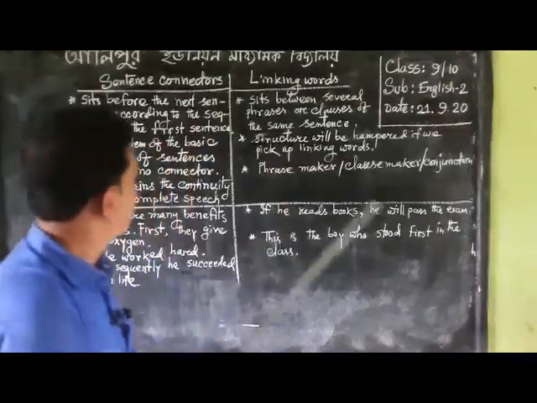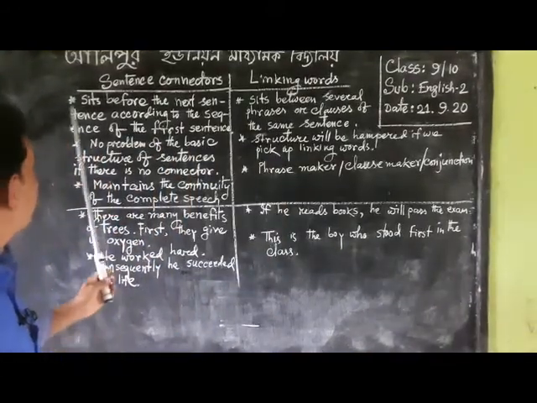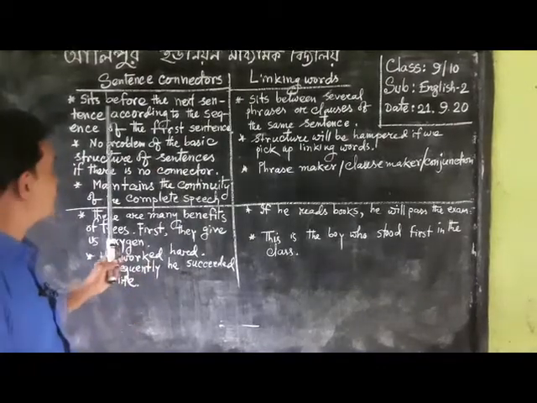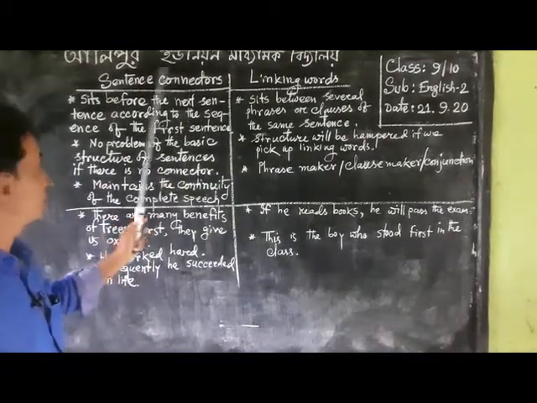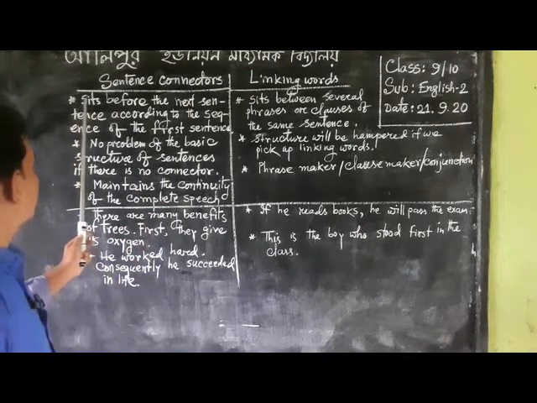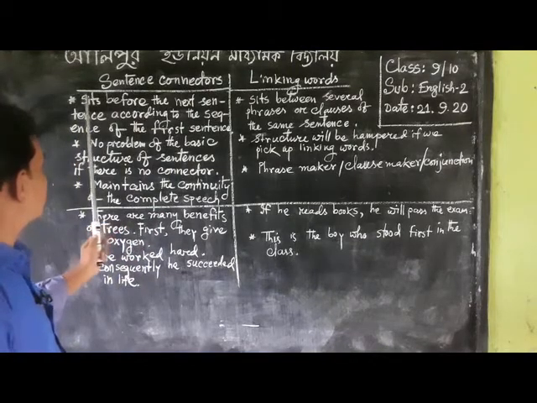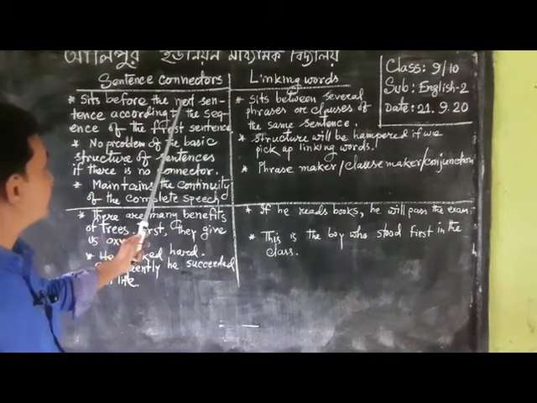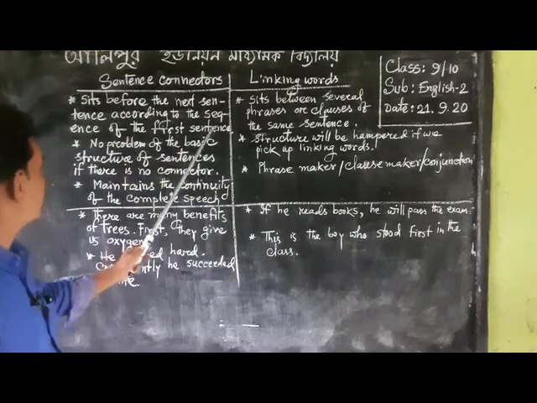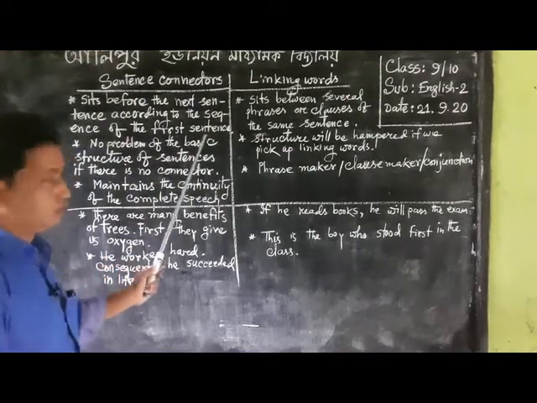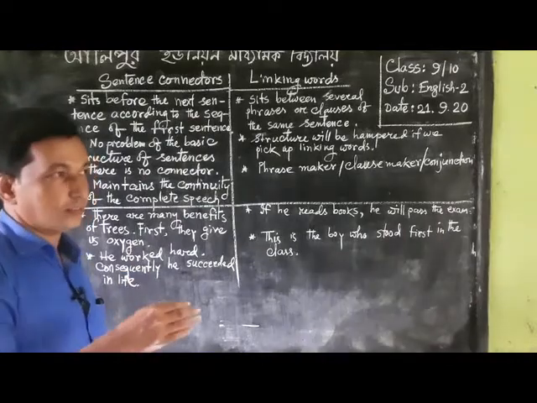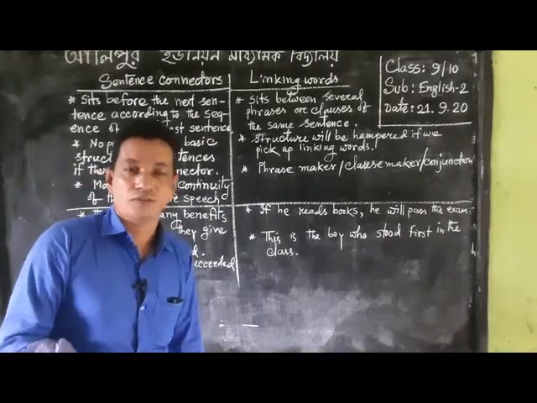Dear students, look at the blackboard, and now I am reading out the features of sentence connectors. First of all, a sentence connector sits before the next sentence according to the sequence of the first sentence, because here there are two sentences, not two clauses.